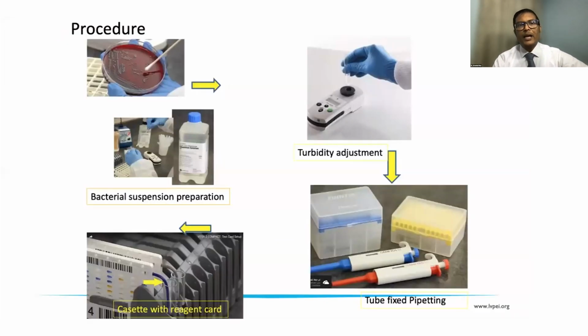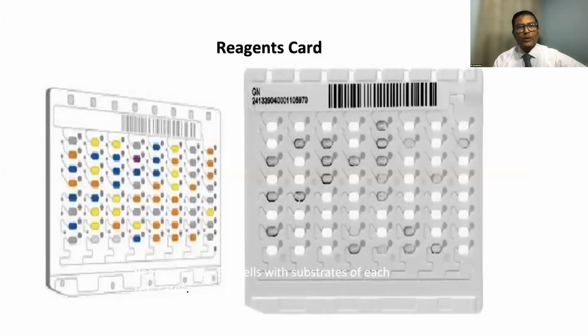The codes tell us the type of organism right up to the genus and species, and then the final output tells us what the organism is, what kind of drugs this organism is sensitive to or resistant to, and how we classify this organism.